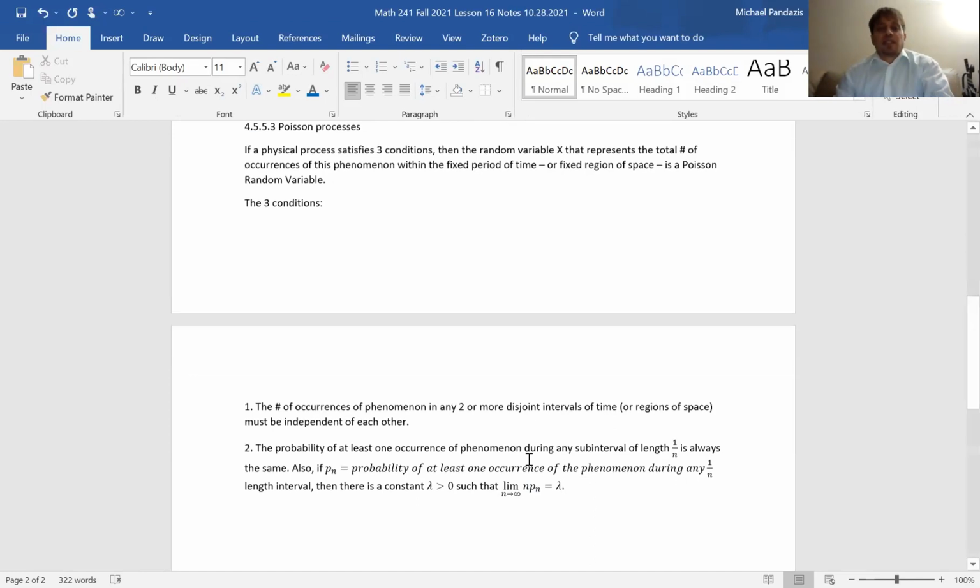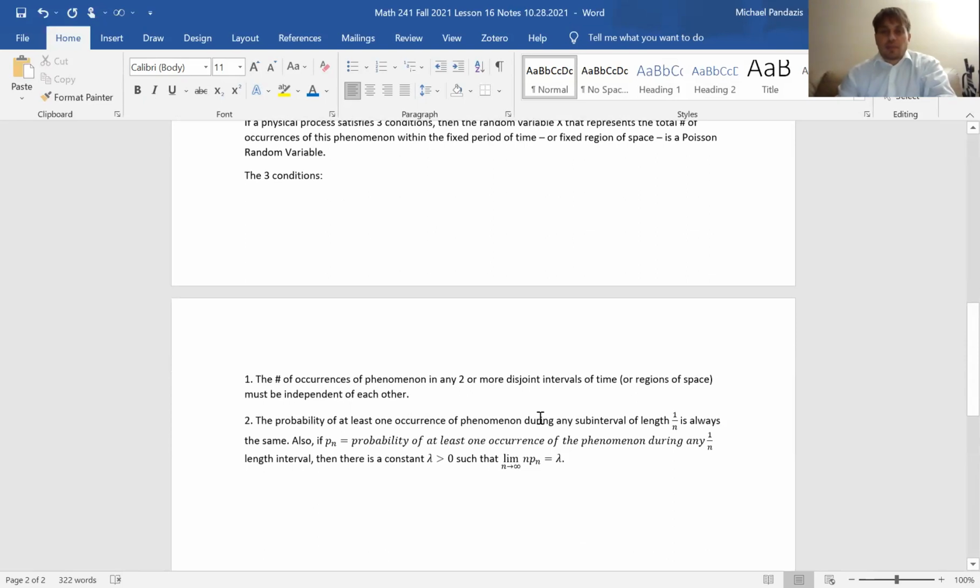So the probability of at least one occurrence of a phenomenon during any subinterval of length 1 over n is always the same. Also, if p sub n equals the probability of at least one occurrence during any 1 over n length interval, then there is a constant lambda positive such that the limit as n approaches infinity of n times p sub n is equal to lambda.